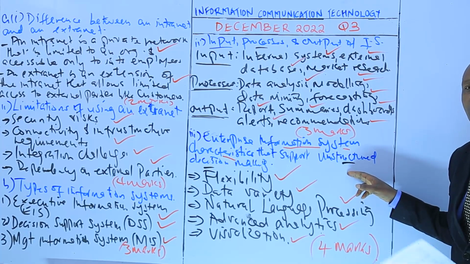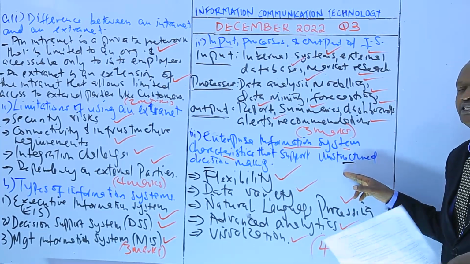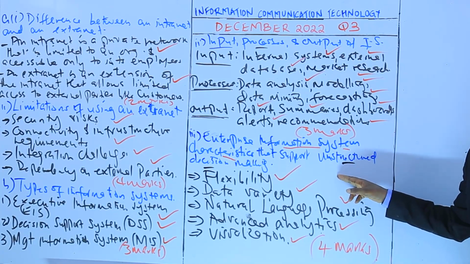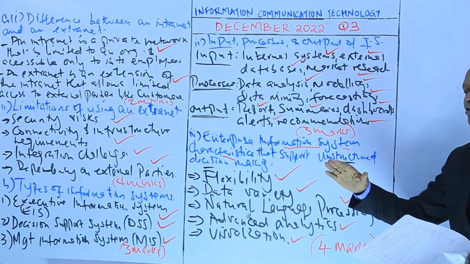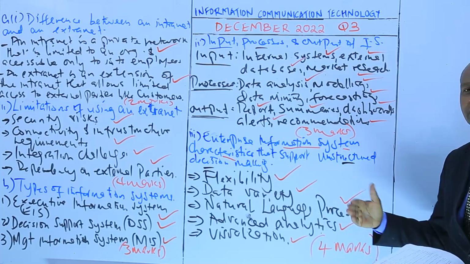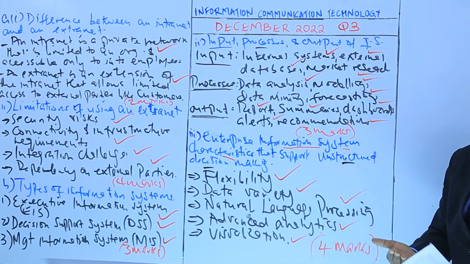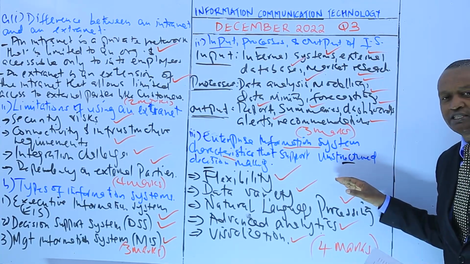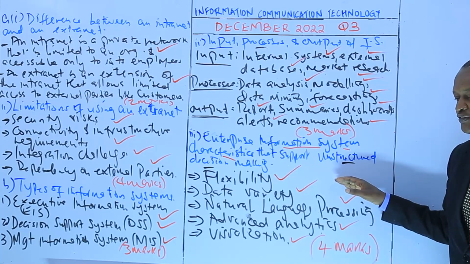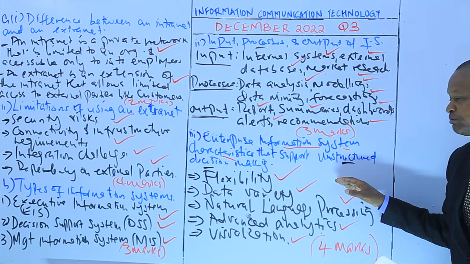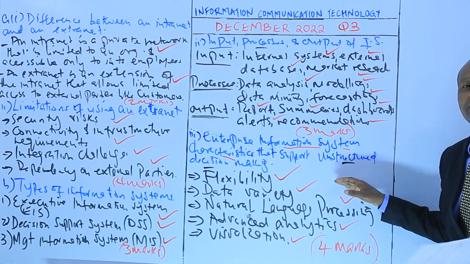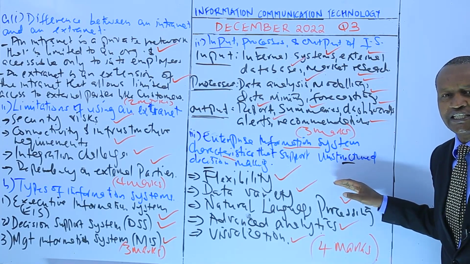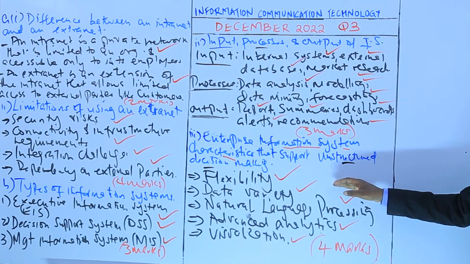Then we may also have content management systems, the CMS. Candidates, these are platforms that manage and organize unstructured content, such as articles, images, videos, and documents. They allow users to categorize, search, and even retrieve content for decision-making purposes. Then you may have social media analytics tools.